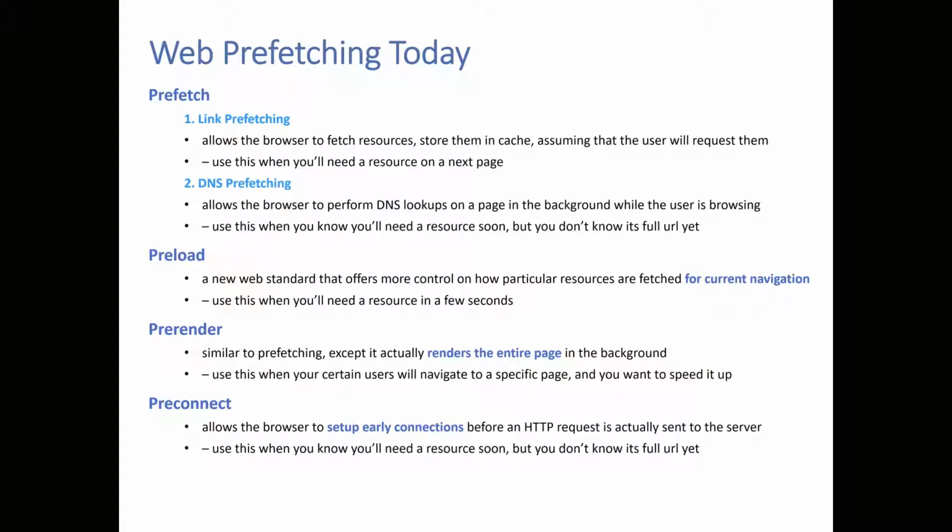For example, prefetch is for future navigation, while preload is for current navigation. And prefetch fetches several web objects, while prerender renders the entire page. You can decide which features to use for different scenarios in order to limit the network traffic and bandwidth usage.